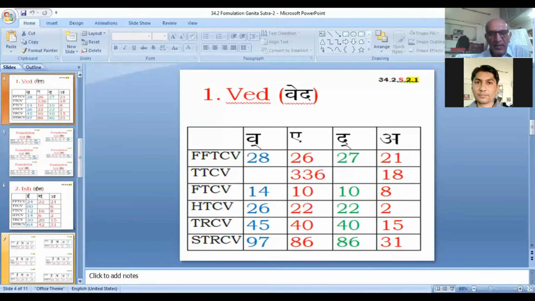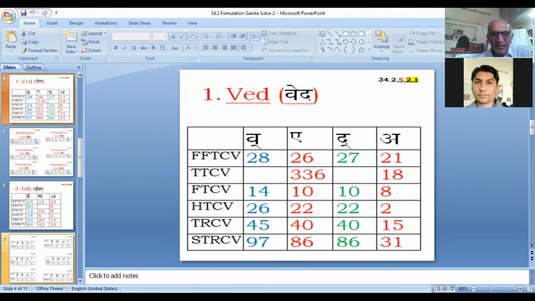Ved is our source formulation. It is a basic formulation. This formulation is availing quadruple letters. These quadruple letters are wa, a, da, a. They are having TC values 7, 6, 6 and 1 of summation value 20.